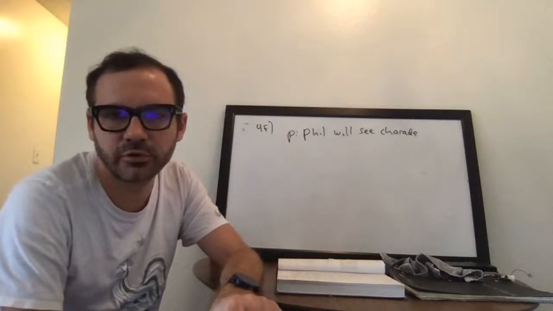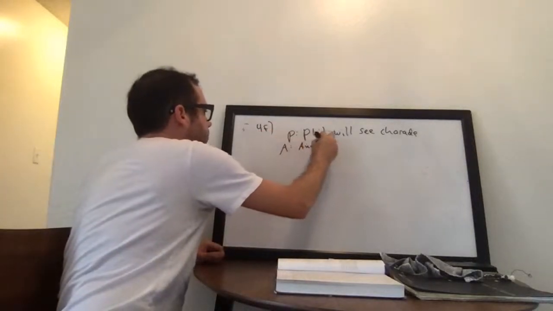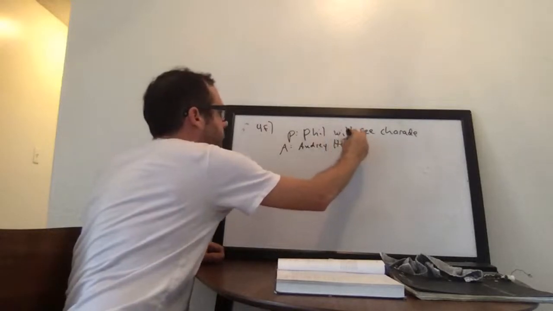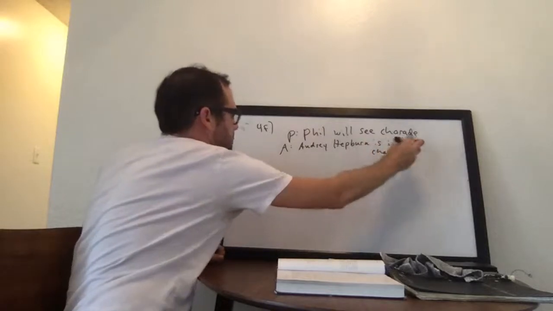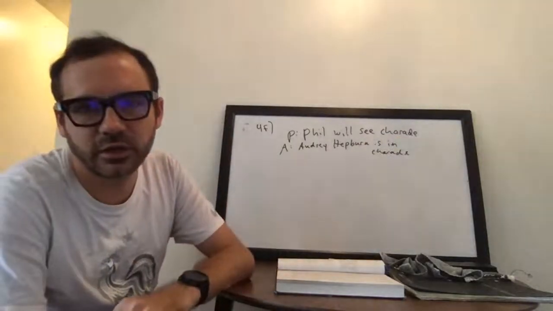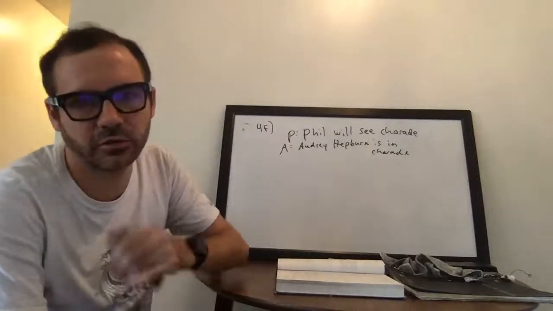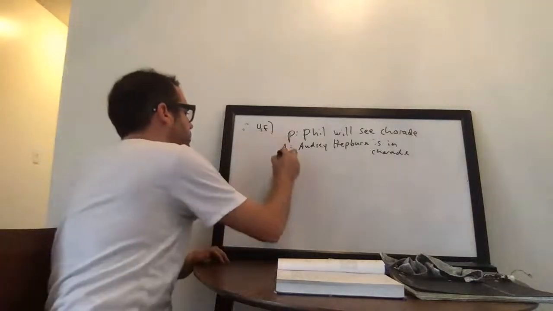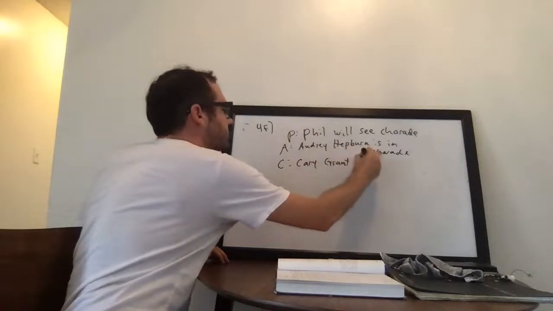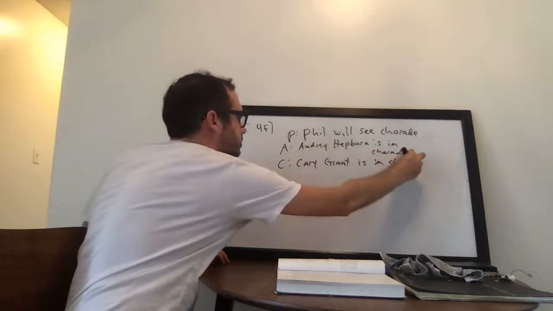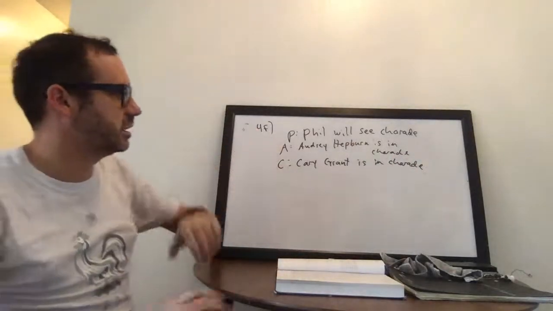So A, Audrey Hepburn is in Charade. And then also C for Cary Grant is in Charade. Okay, good. P, Phil sees Charade. A, Audrey Hepburn's in it. C, Cary Grant is in it.